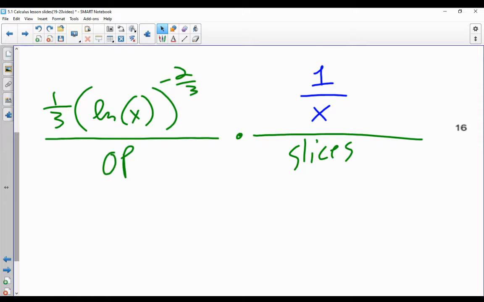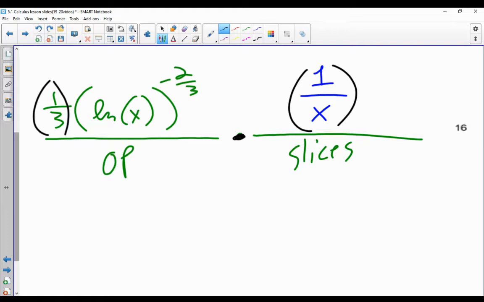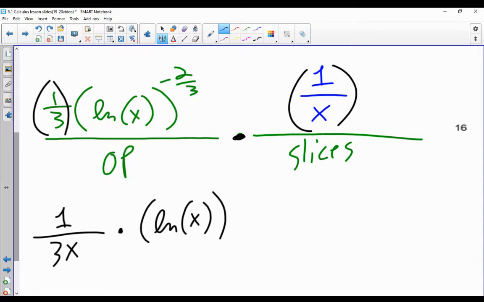Now we can multiply the orange peel and the slices. In this case, so far, the only things we can multiply are the 1/3 and the 1/x. So multiply those, you'll get 1 on top, and then 3 times x will give you 3x on bottom. And all this is still multiplied by natural log of x to the power of -2/3.